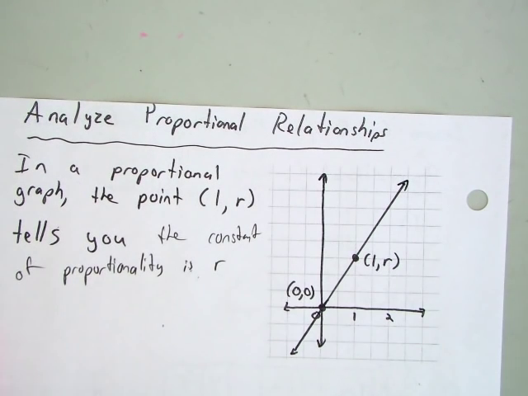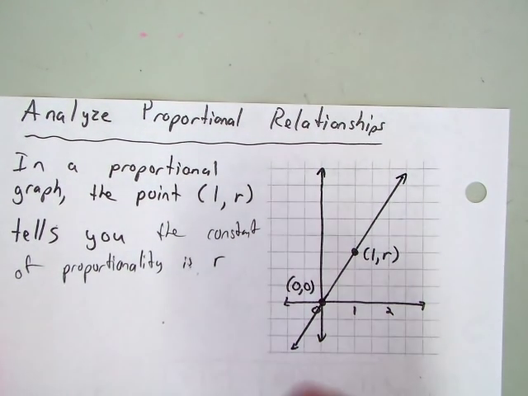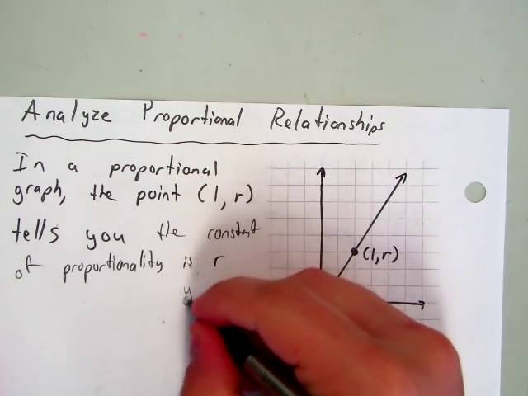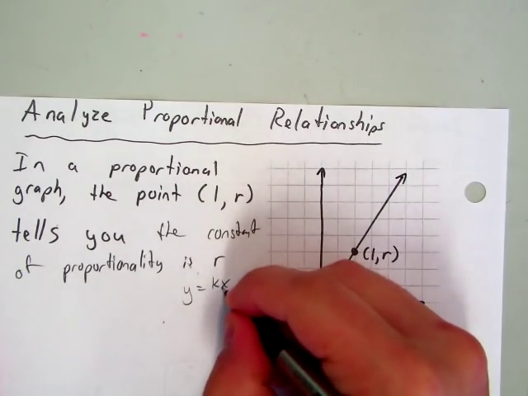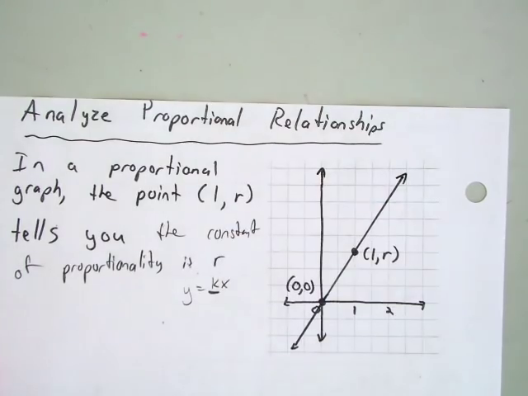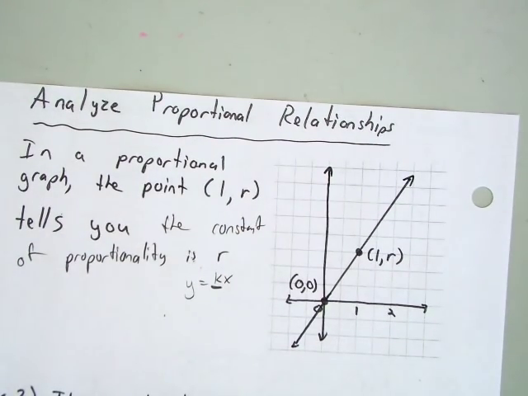Recall from yesterday with lesson 5, the constant of proportionality is essentially the rate of change or the unit rate in a proportional relationship. In this case, we're looking at (1, r), and r is the same thing.